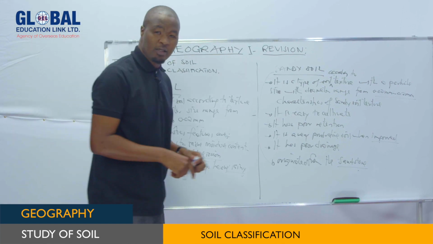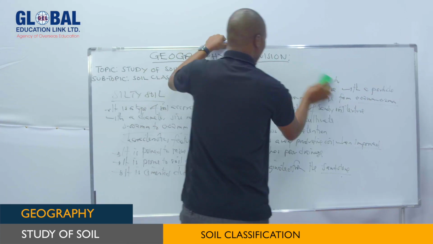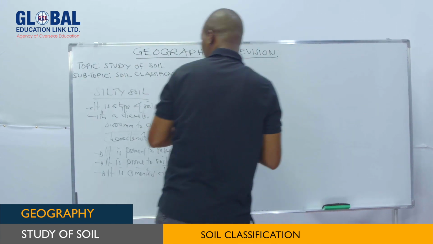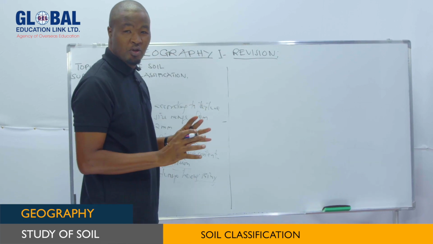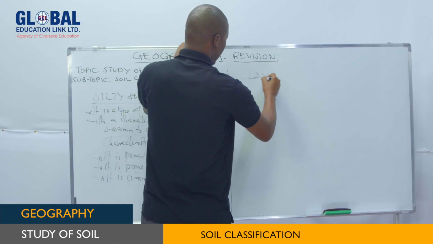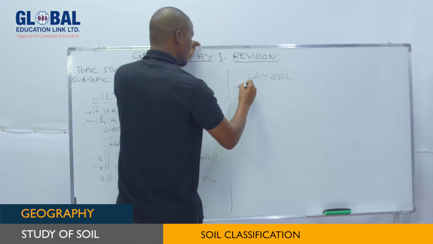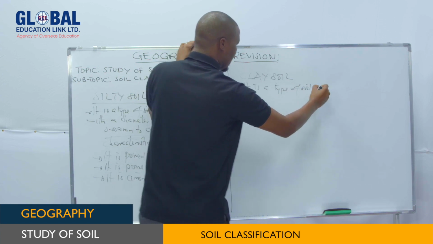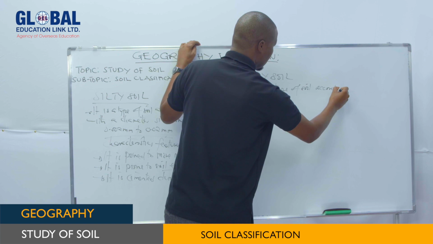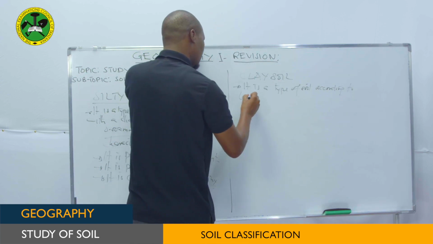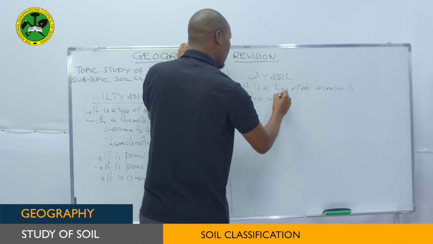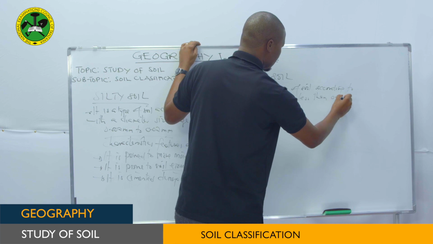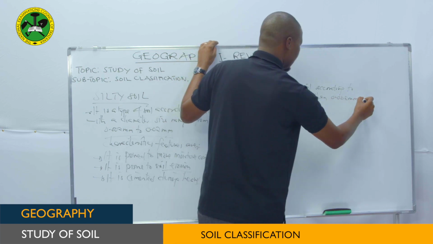Then we go to clay soil as the third group of soil classification system according to texture. So after silt, we have the clay soil. The clay soil is a type of soil according to texture with a diameter size less than 0.002 millimeter.